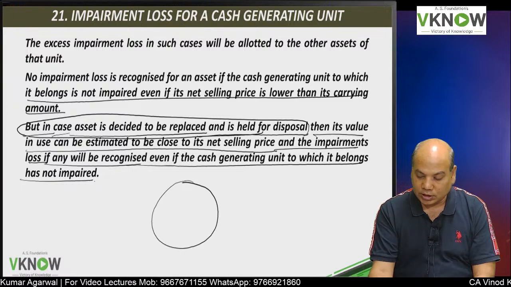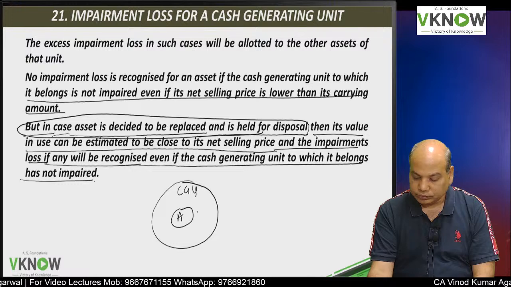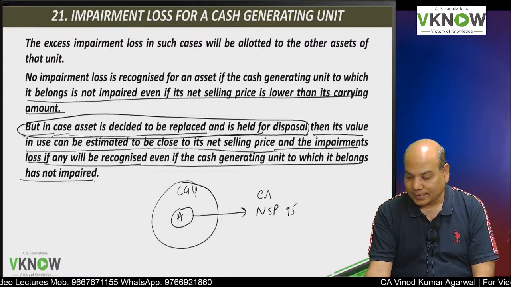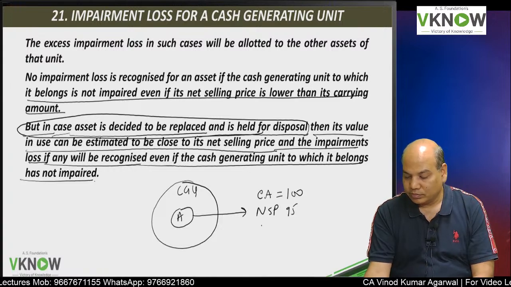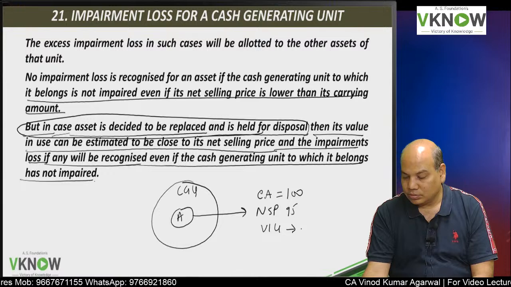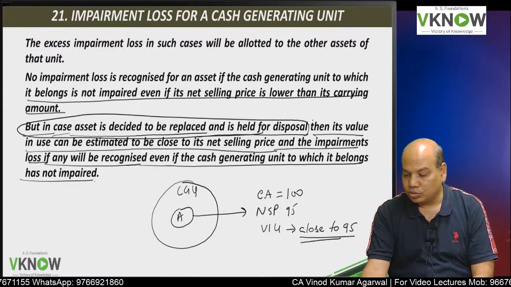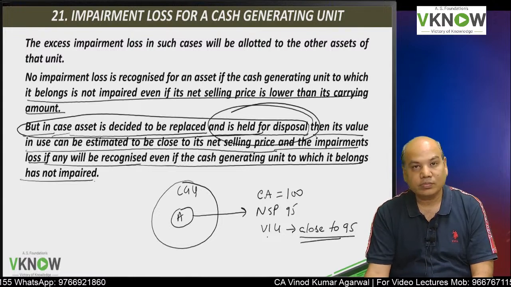Now suppose this is the CGU, this is the asset. This asset net selling price is 95, carrying amount is 100, but value in use is also close to 95 because the asset is not going to be used, it is held for disposal.